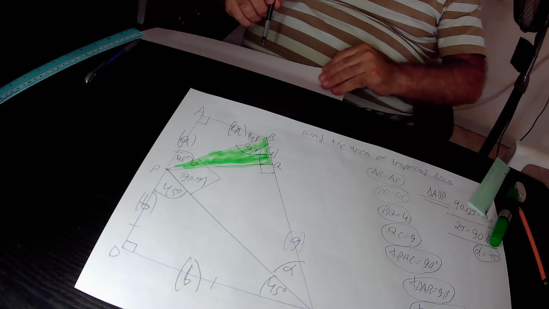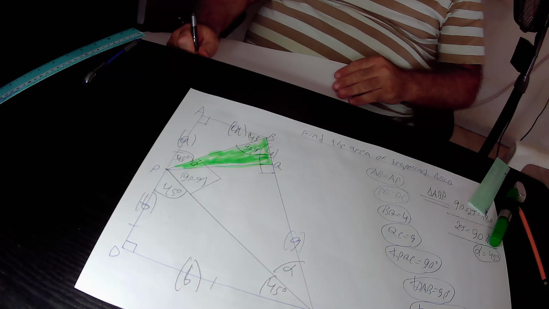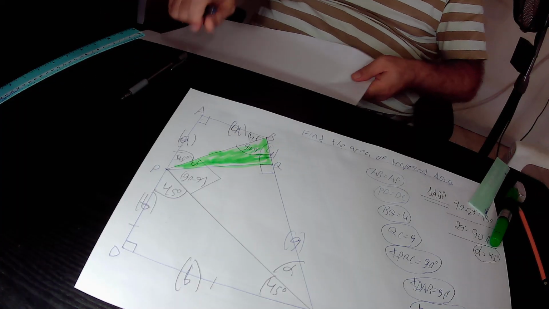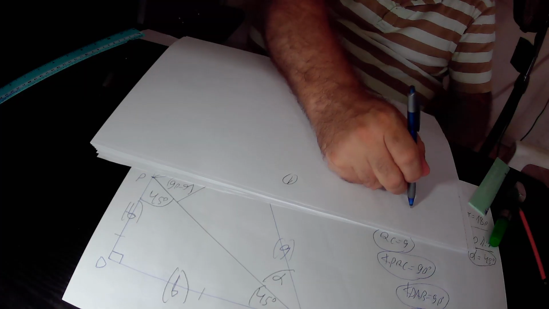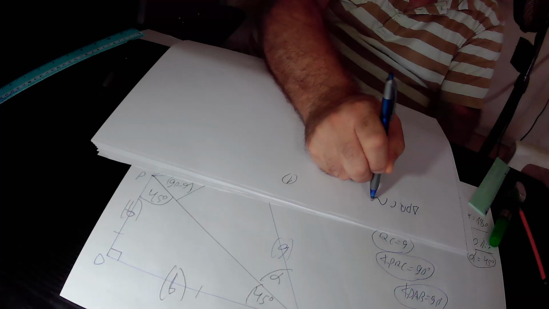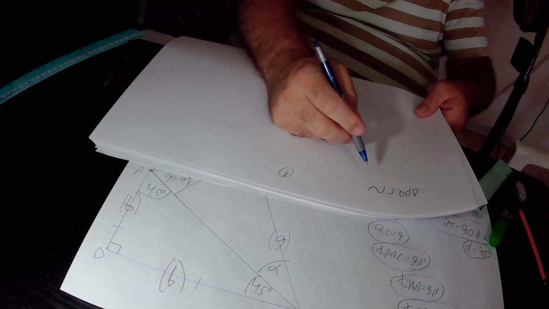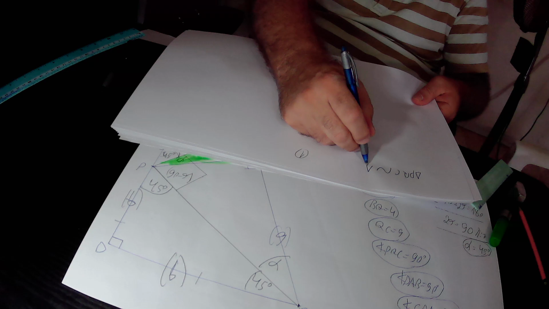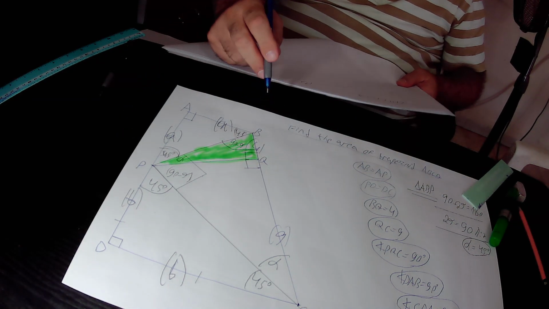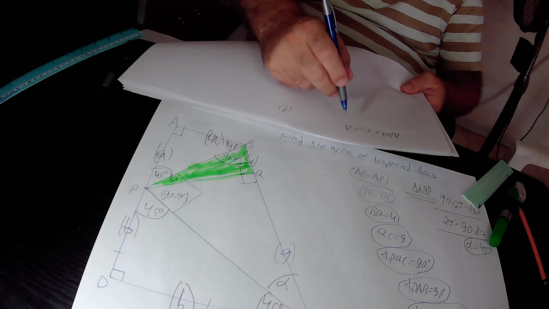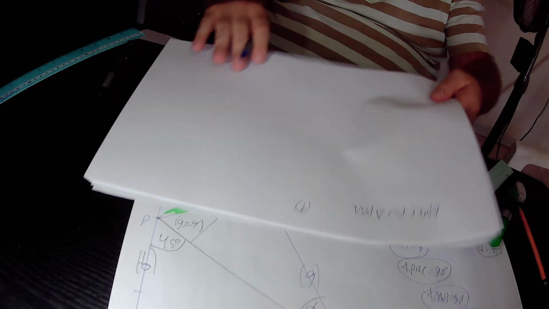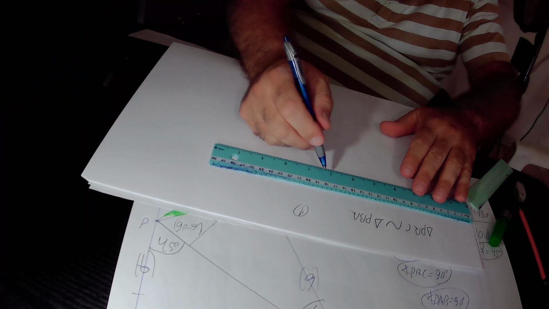So I write it down: the big right triangle PQC is similar, this is the sign of similar, to the small green right triangle PBQ, according to the angle similarity rule.